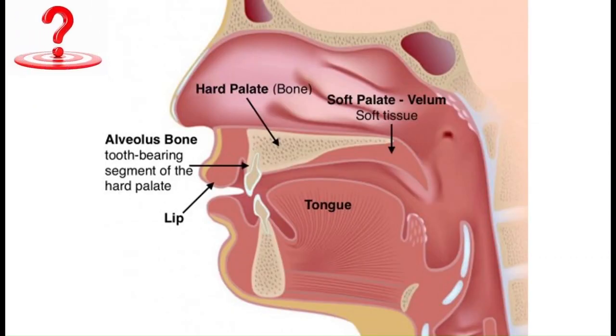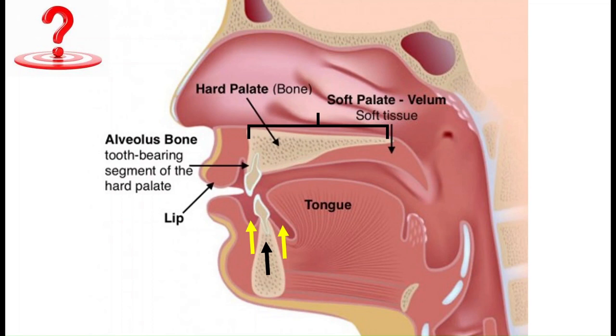What is this image? This is a sagittal view of the mouth, and we can see that here is a space anterior to the teeth. This is the vestibule, and this is the mandible, and this space is posterior to the teeth, and therefore it is part of the proper mouth cavity.